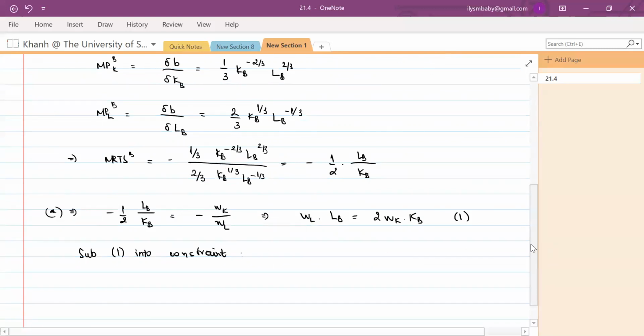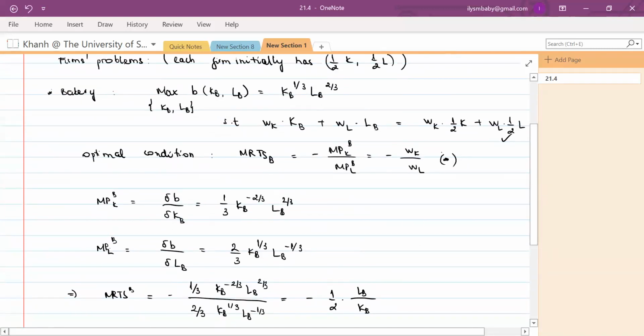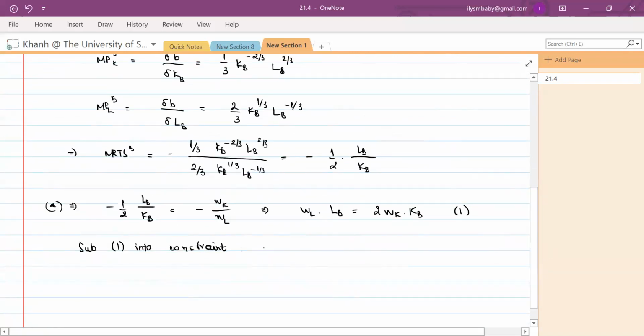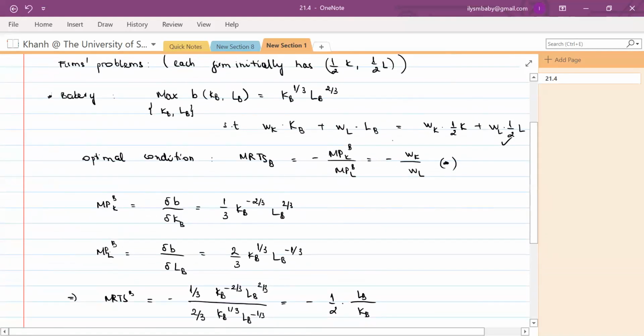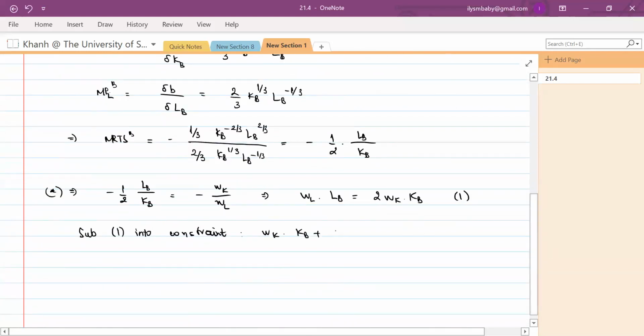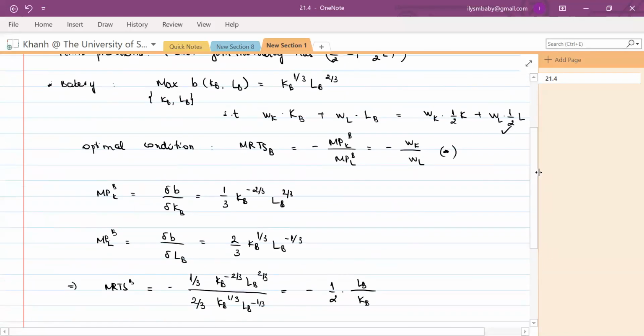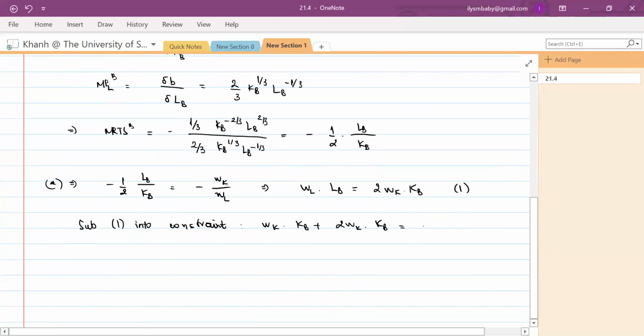So what I get is WK times KB plus WL times LB, and that is equal to 2 WK times KB. It has to be equal to the right hand side over here, which is half of WK times K plus WL times L.